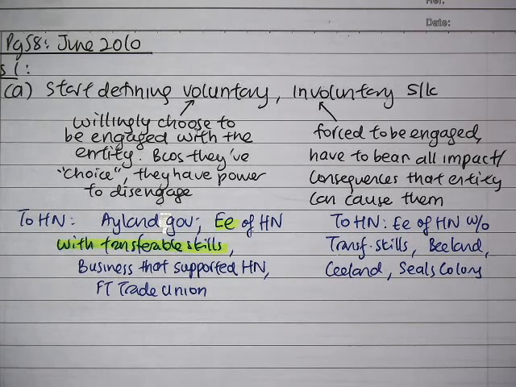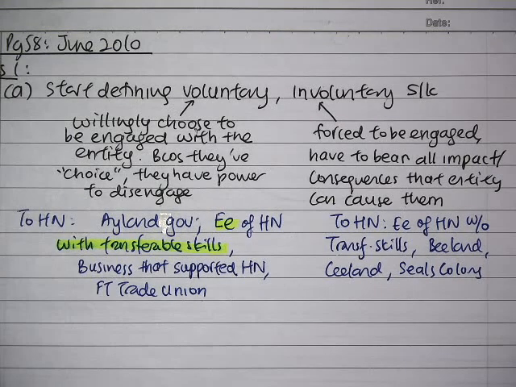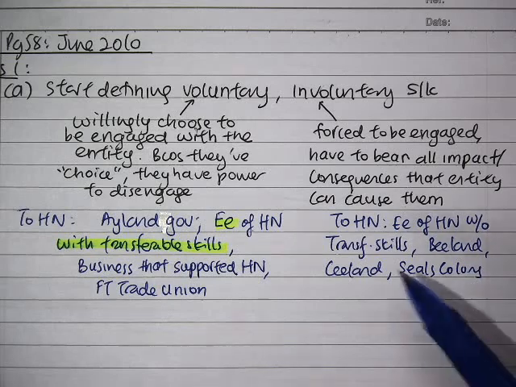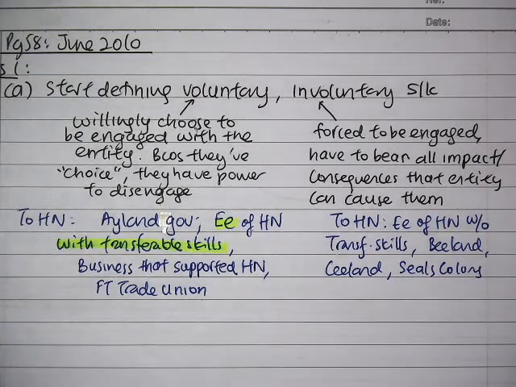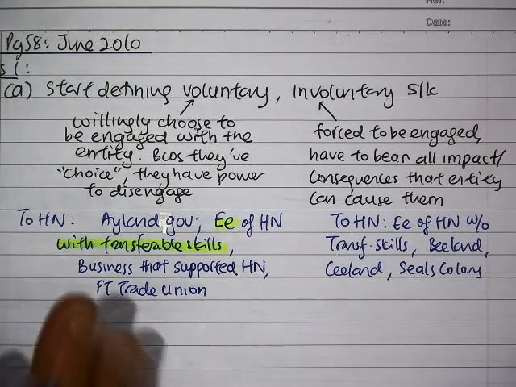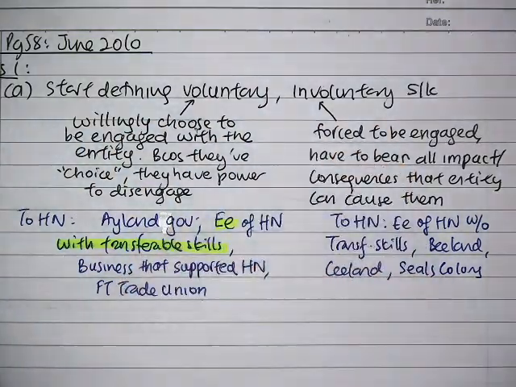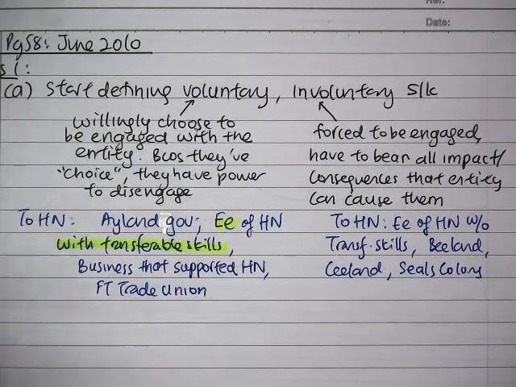Now, involuntary to HN will be, now you can say, for example, employee of HN without the transferable skill, B-LAN, C-LAN. This one definitely they got no choice because they are in a different location.